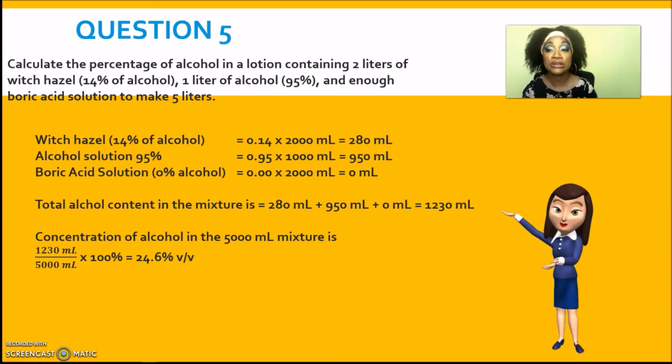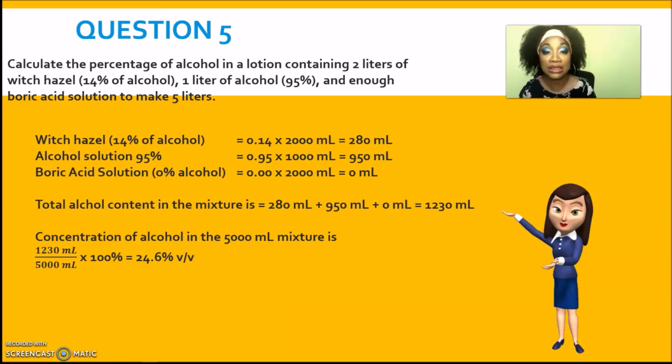So, in other words, taking this question, you need to find out what percentage of alcohol witch hazel is providing to the final mixture, and how much alcohol the 95% alcohol, the 1 liter, is giving to the final mixture, and the boric acid. When we look at witch hazel, we notice that 14% alcohol is contained in that mixture.